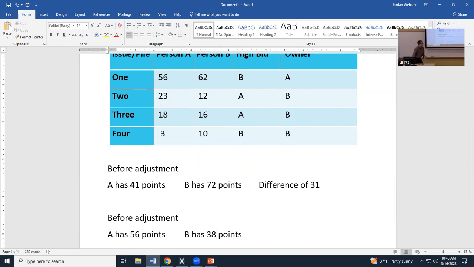And what we see here is that because so many points were spent by both people on issue 1, or pile number 1, there's no way to do an adjustment.